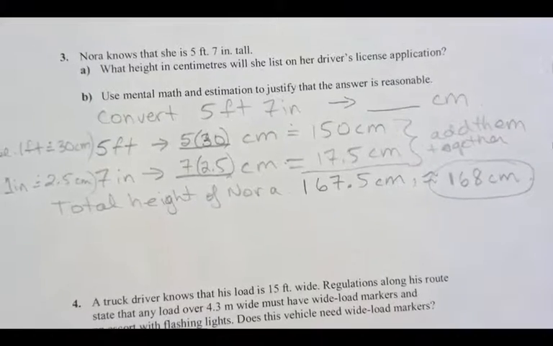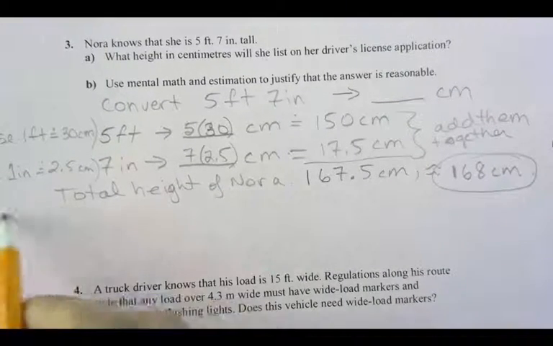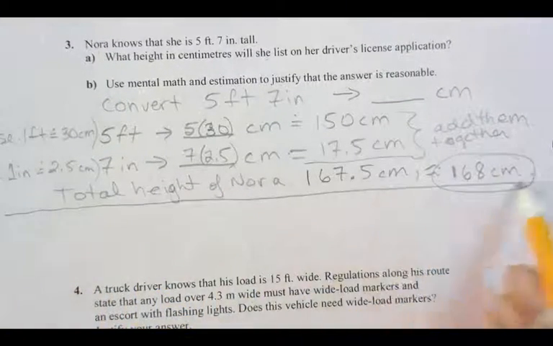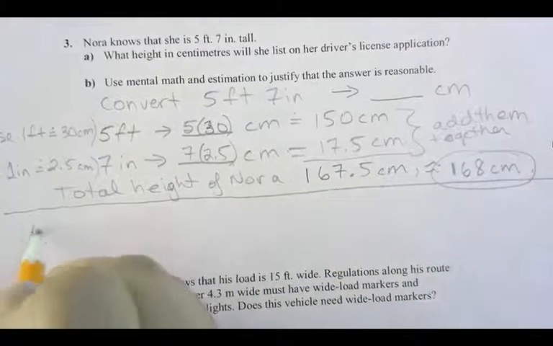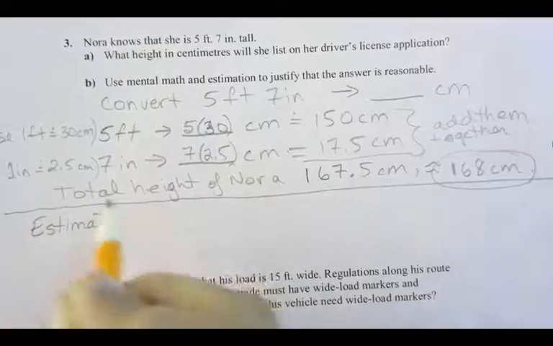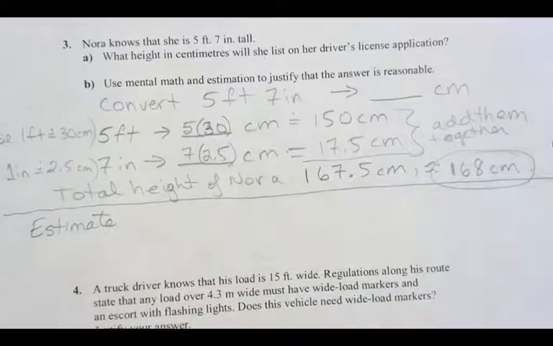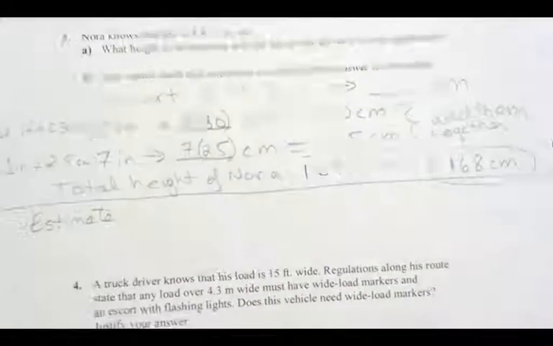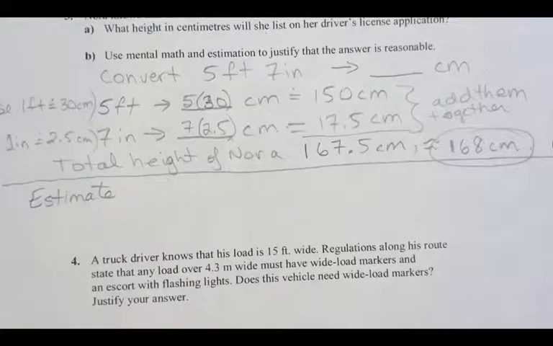Now, how would we estimate this using mental math? How would we estimate this? Mental math, so no calculator. All right, so using your brains, can you give me a range of numbers that it will be in between?